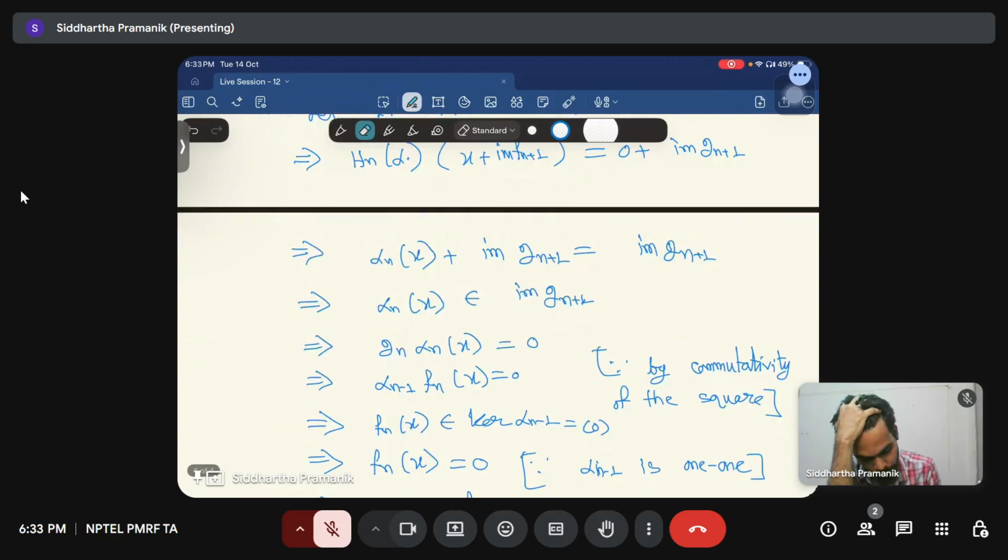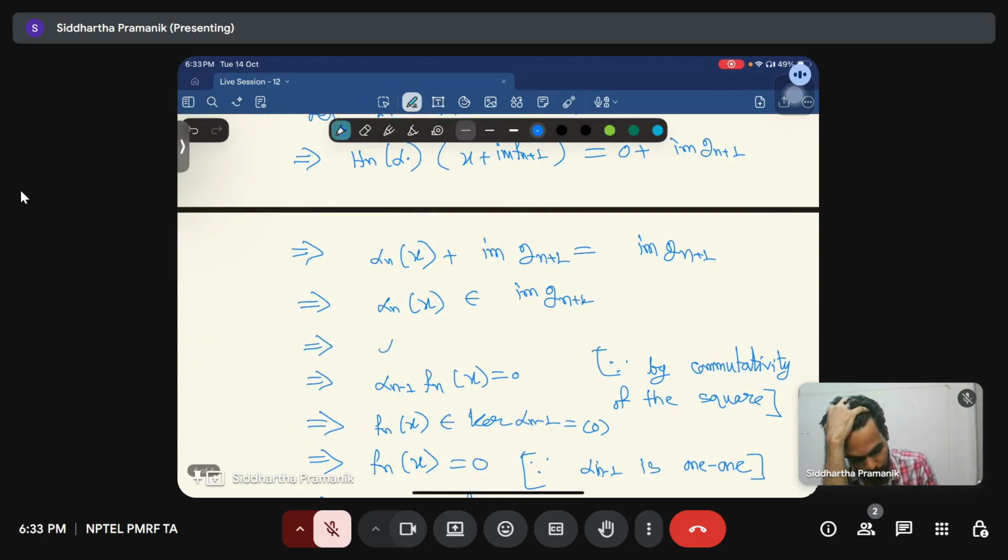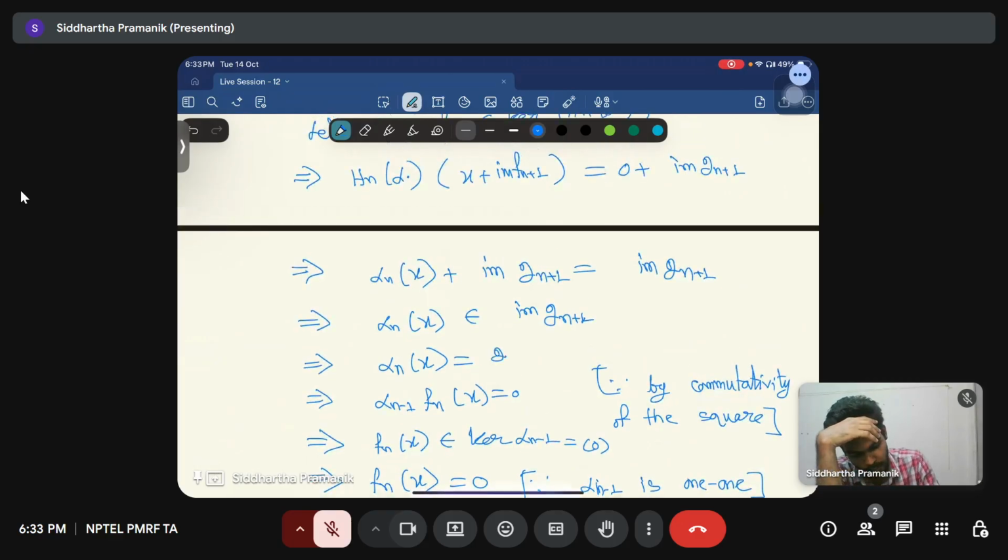Okay. So alpha_n x is equal to g_{n+1} of y.